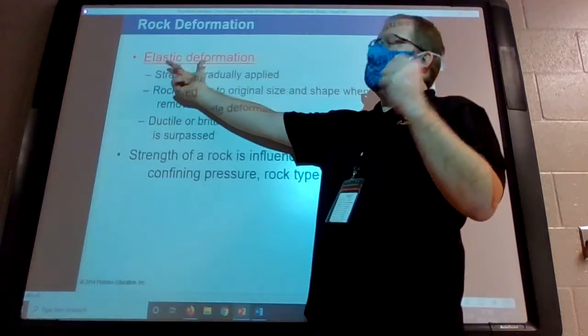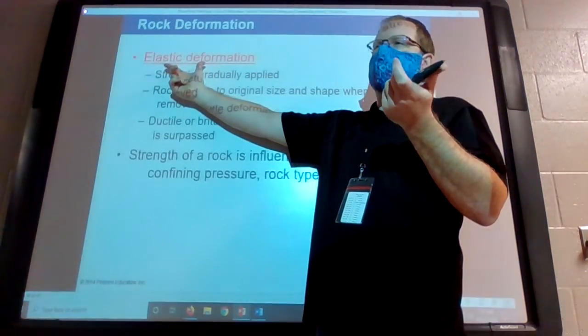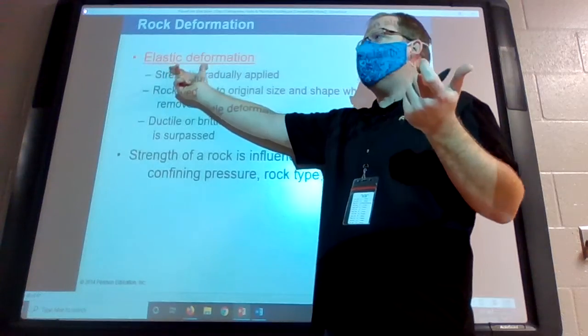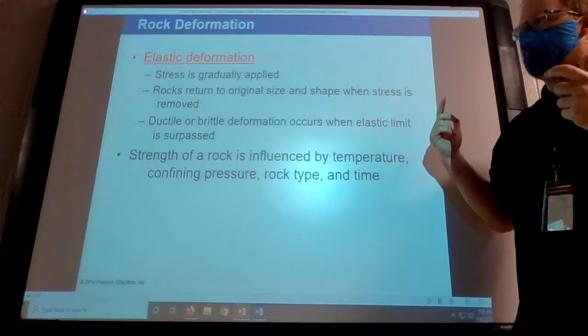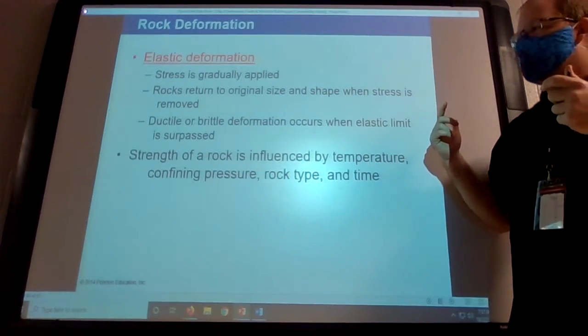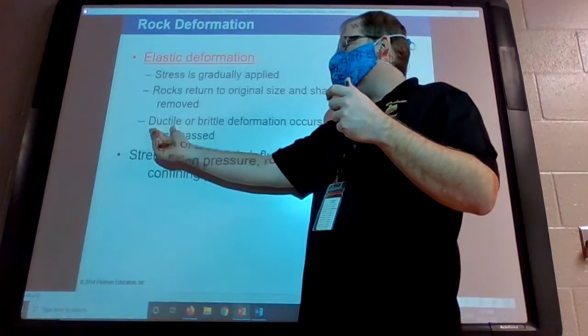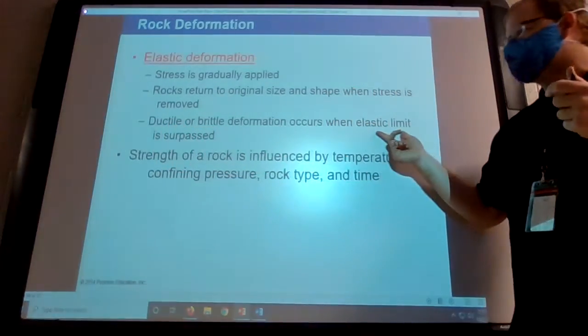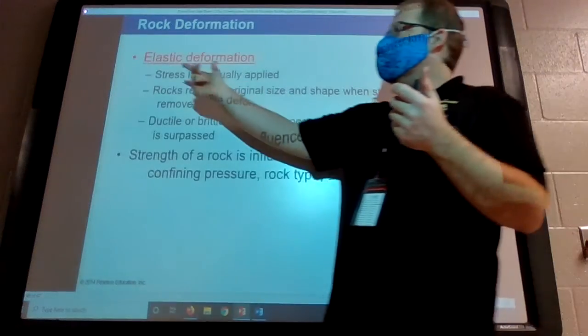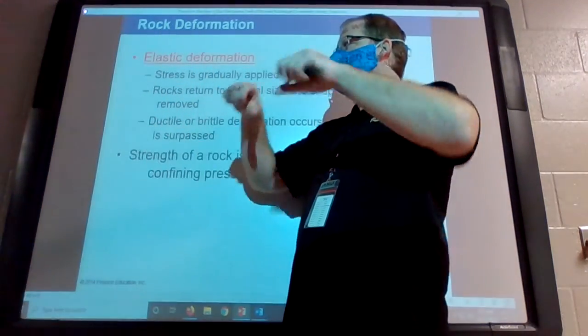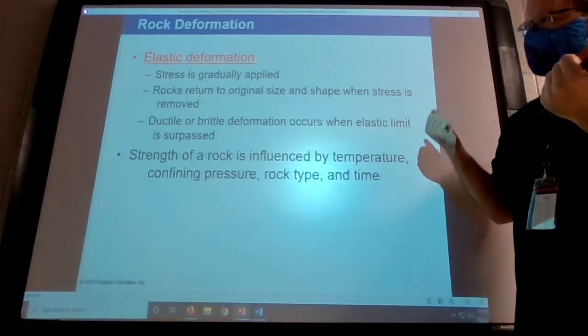The bending is going to be called elastic deformation, and that kind of makes sense. We have elastic deformation versus brittle deformation, and so that's what they have here. Ductile or brittle deformation occurs when the elastic limit is surpassed. The elastic one is going to be ductile. You're going to have some sort of movement without really breaking here.